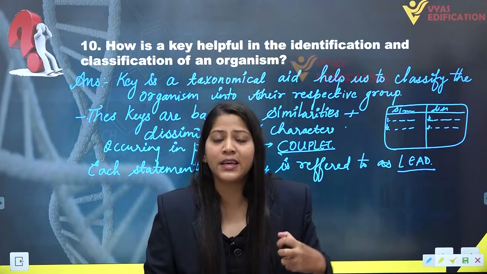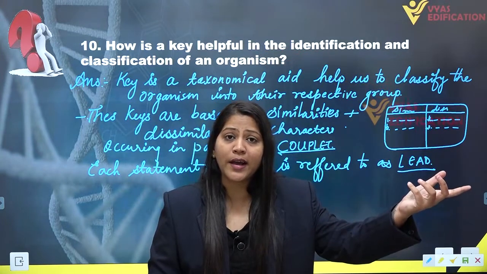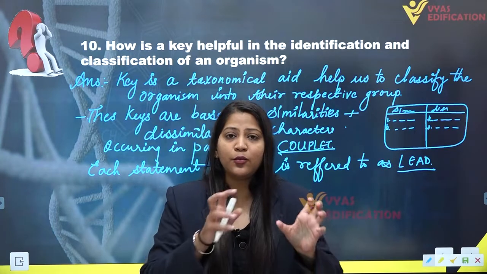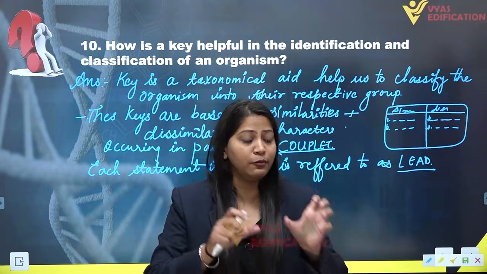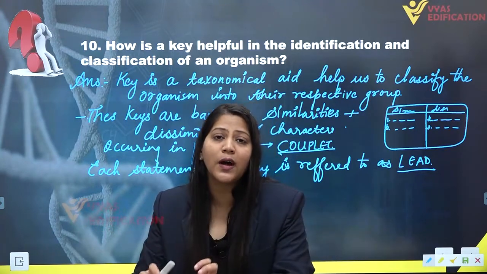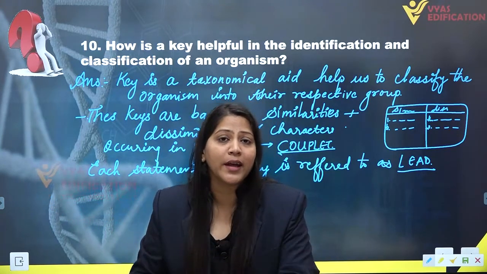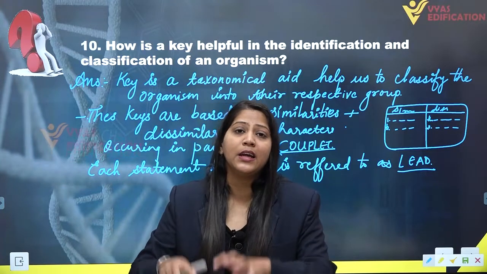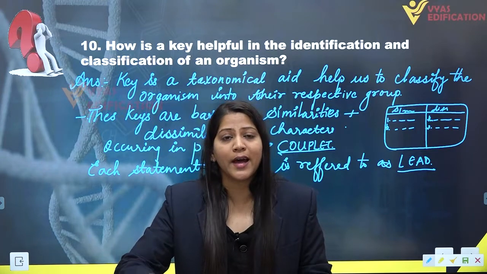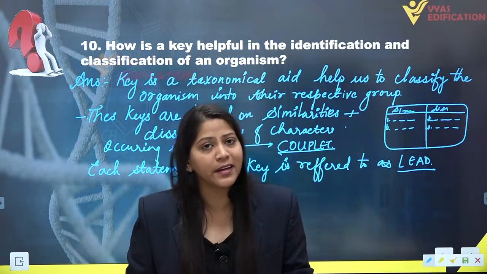We will find the key related to that particular organism, read the statements given in the key, and then match the characters. We will match the similarities and dissimilarities to the newly discovered organism, and accordingly classify it into its respective category.